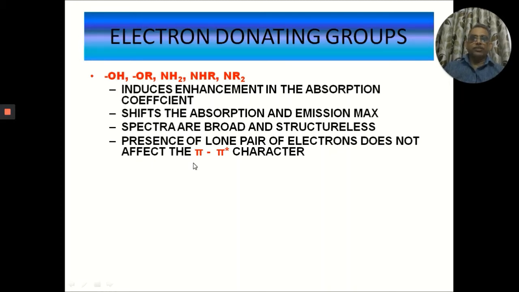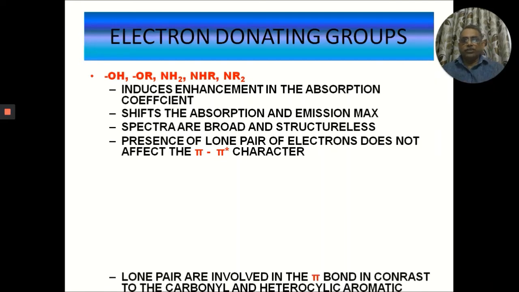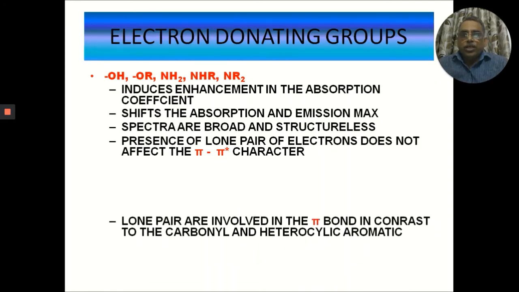The only thing is the absorption intensity increases, absorption and emission maxima shift, and the absorption and emission spectra become broader and structureless. This is how you can see the influence of the electron donating groups.